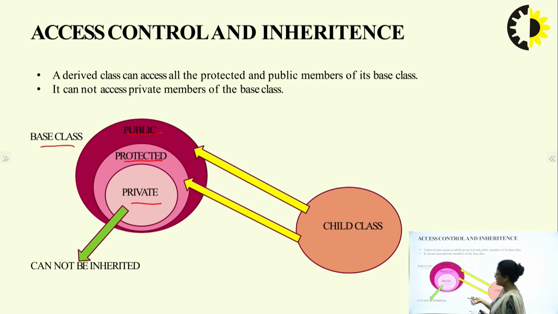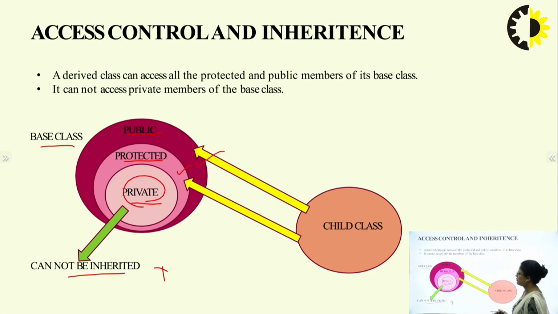Whatever the kind of inheritance, the private members of a base class can never be inherited by the derived classes. The derived class can access only the protected and public members of the base class. This is a point we need to remember.